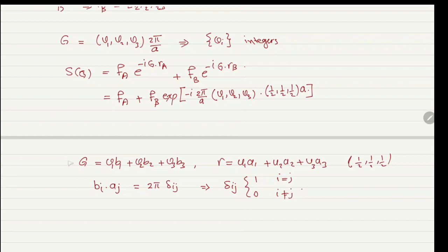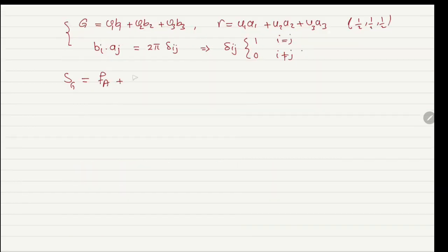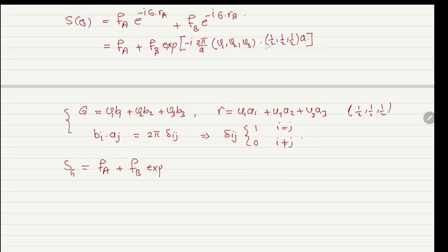By using these definitions, now the structure factor becomes f_A plus f_B exponential, where this is the dot product of R and G, minus i pi times (v1 plus v2 plus v3).